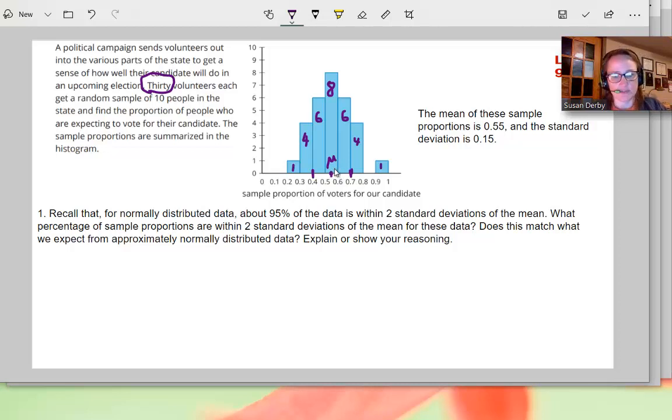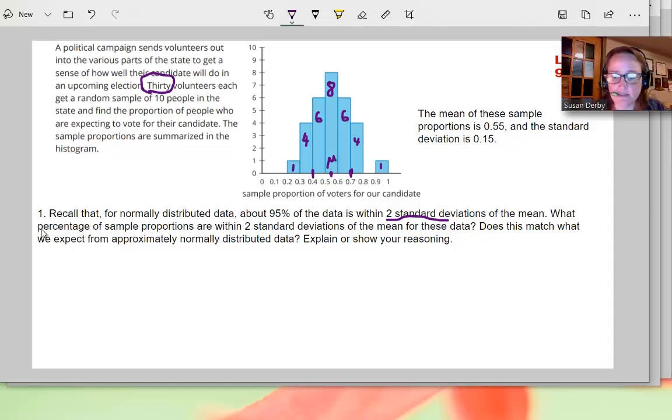Put that mu in there so you remember that's the mean. For normally distributed data, about 95% of the data is within 2 standard deviations from the mean. We looked at that last week as we moved farther and farther out.